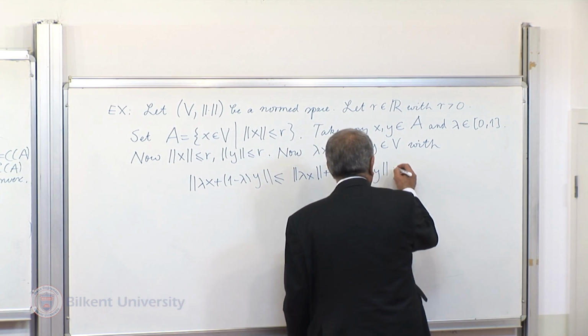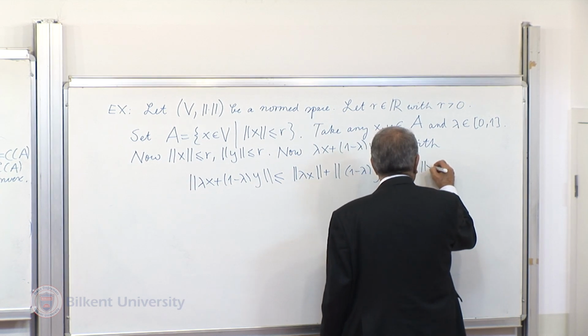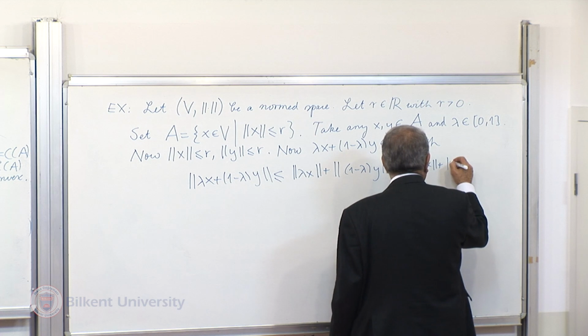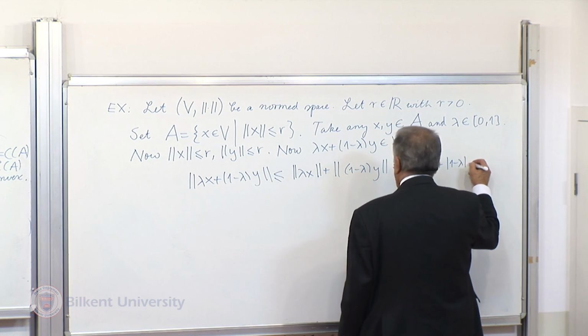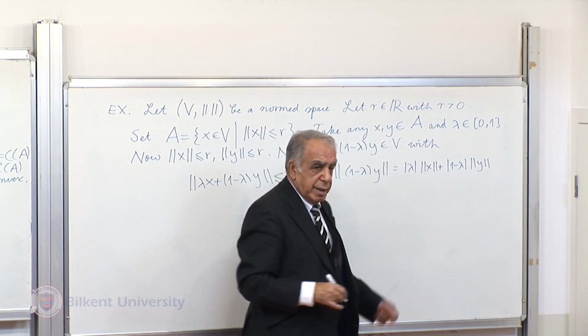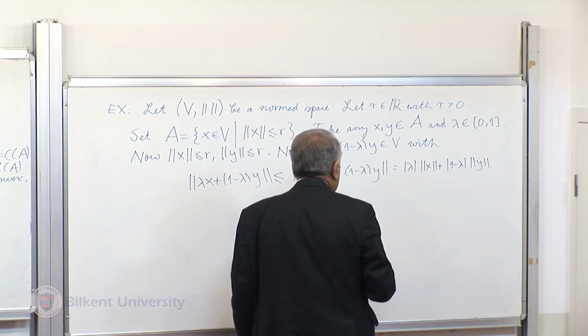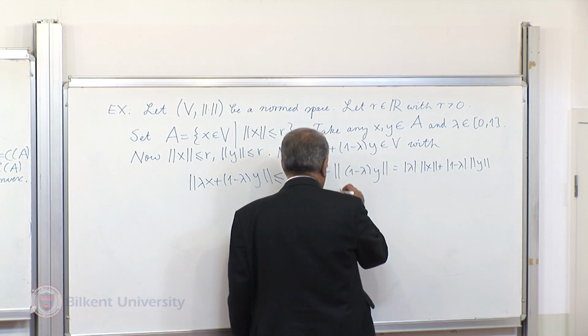The norm of lambda x plus 1 minus lambda y is less than or equal to the absolute value of lambda times the norm of x, plus the absolute value of 1 minus lambda times the norm of y. But lambda and 1 minus lambda, since lambda is in the unit interval, are both non-negative.